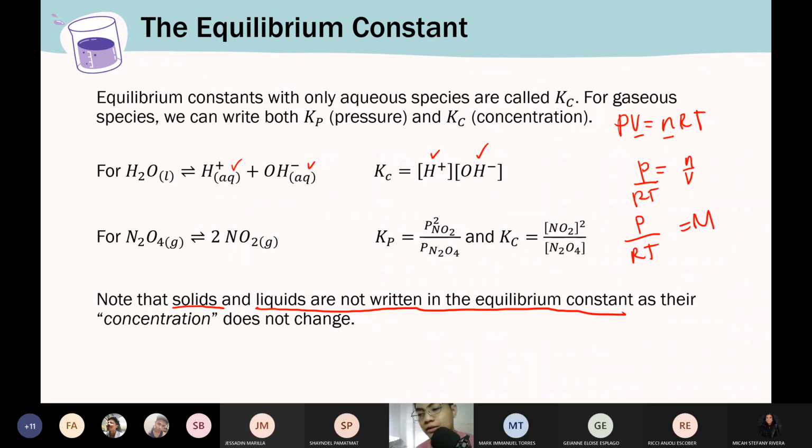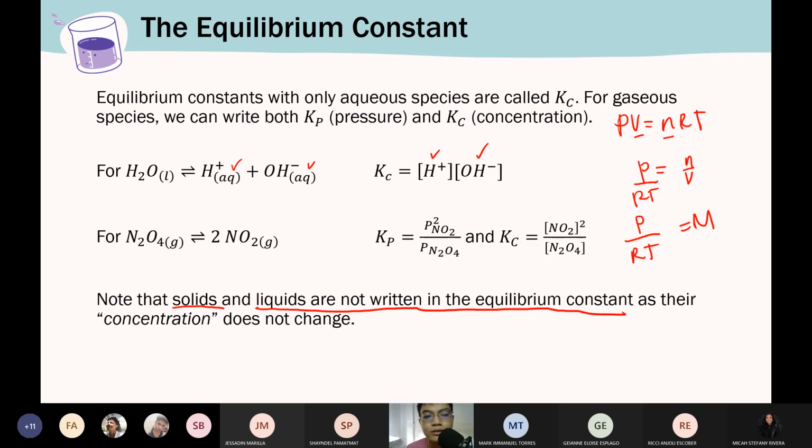So, hindi talaga nagbabago yung kanyang concentration. Sa liquid naman, kung yan ay maging ion, edi umuunti lang volume yan. So, automatically it adjusts for the missing volume. So, if you compute for that, it is always 55.56 molar for water.